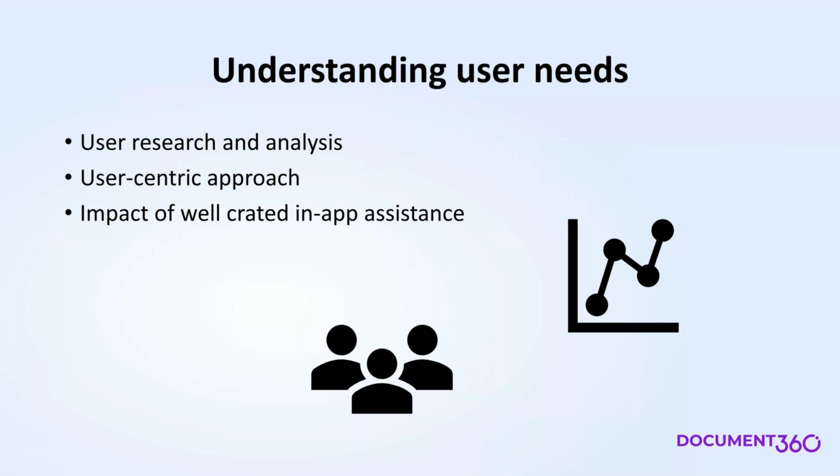And of course, a user-centric approach is what helps you to craft your in-app assistance, which meets the specific needs and preferences of the target audience. Now, this will happen only if you are able to understand the pain points of the users. You are able to identify the gaps that the user feels when they are in our application.